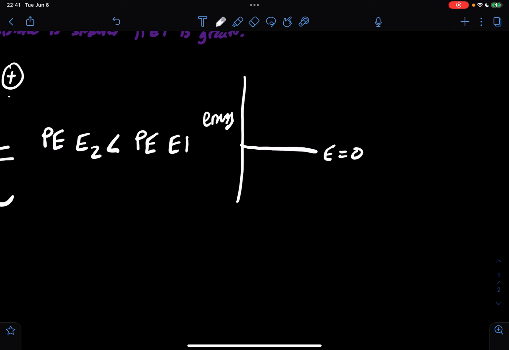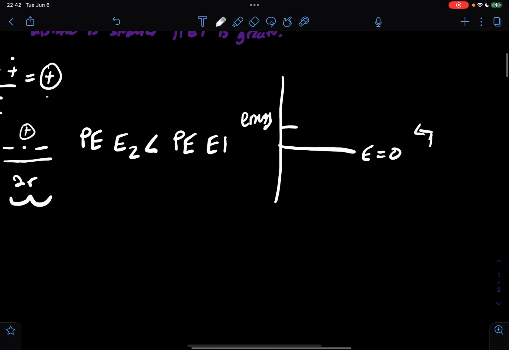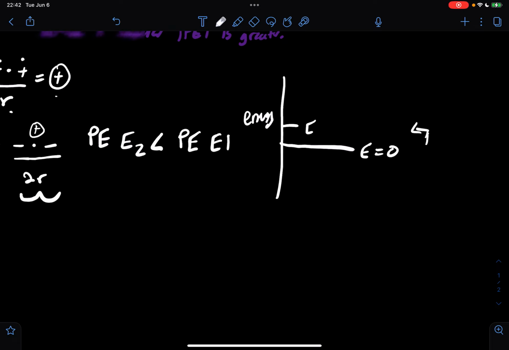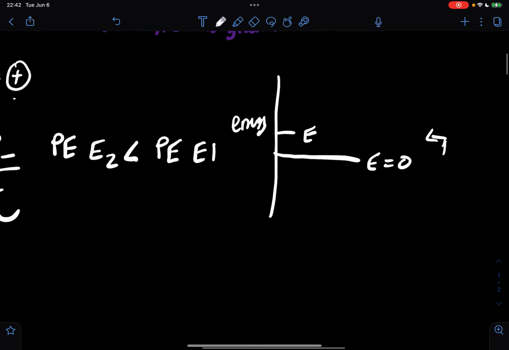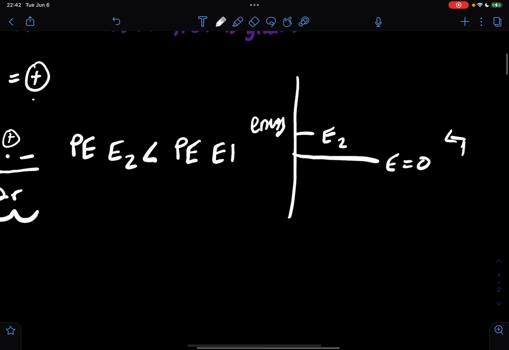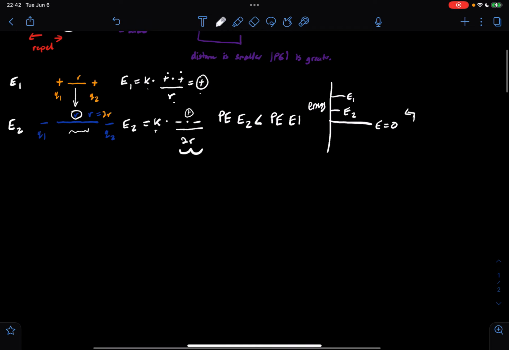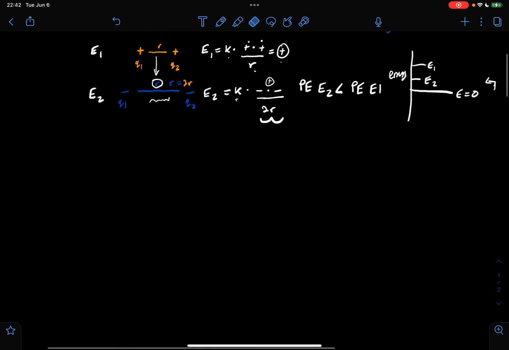And because it's positive, everything's going to be above 0, right? So we're going to do E2, and then we're going to have E1. And this is just saying that E1 has greater potential energy than E2. And conceptually, this actually makes sense. And we'll discuss why in a moment.